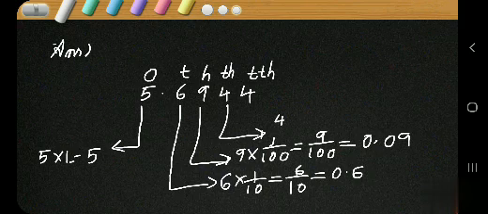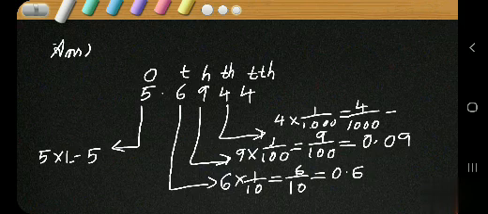So, place value of 4 is equal to 4 into 1 by 1000. You please write neatly. Due to the lack of space, I am doing like this. What is 4 into 1 by 1000? Yes, it is 4 by 1000.